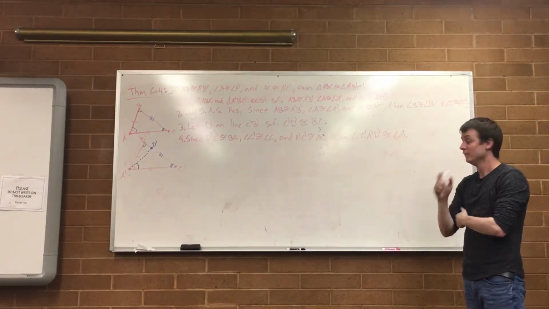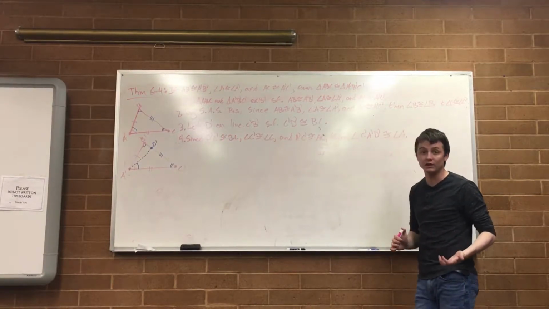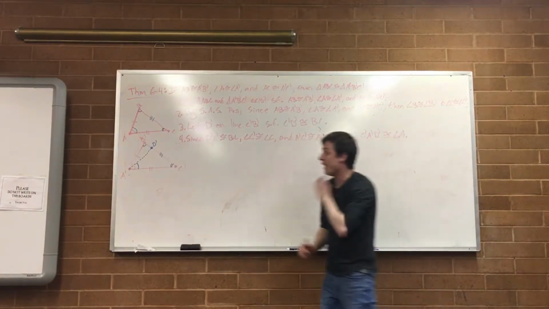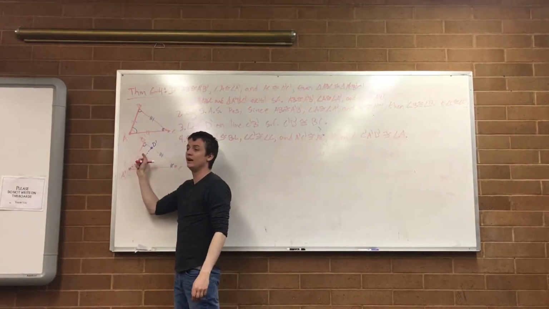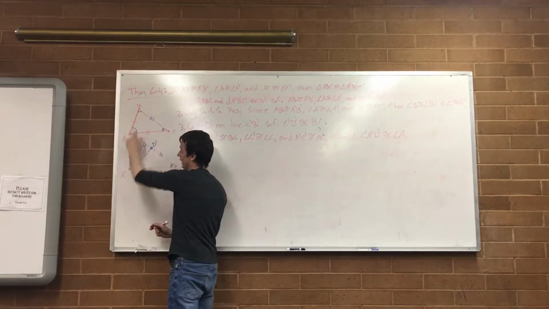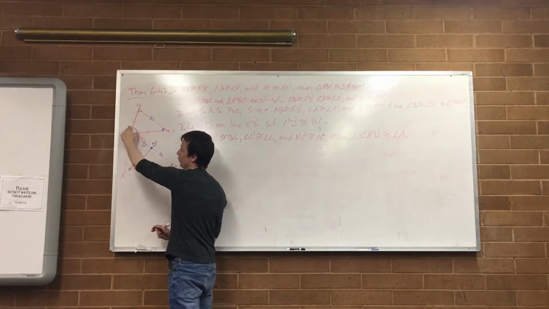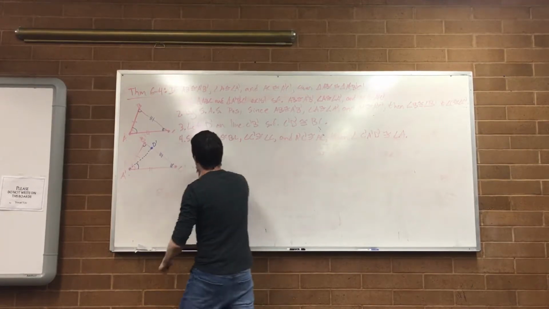Good? Now, our existence postulate of angles tells us that there is only one angle on this side of the line such that that angle is congruent to that. I can't have this angle and this angle both congruent to that and not be the same angle, right? Right. So 5.